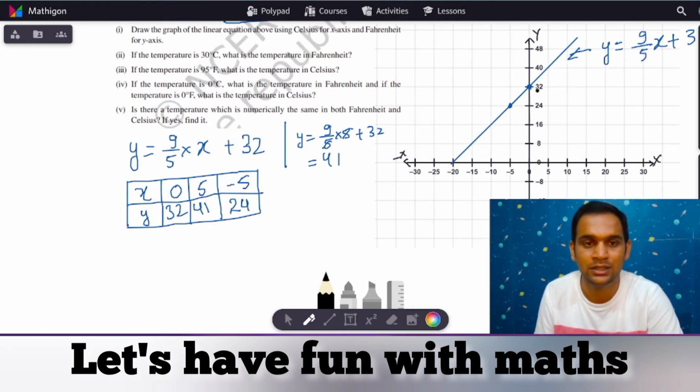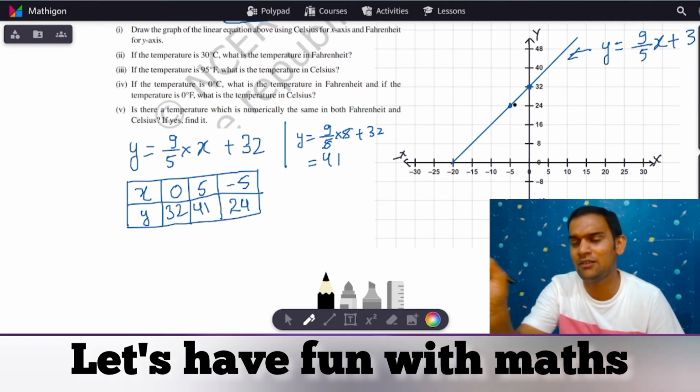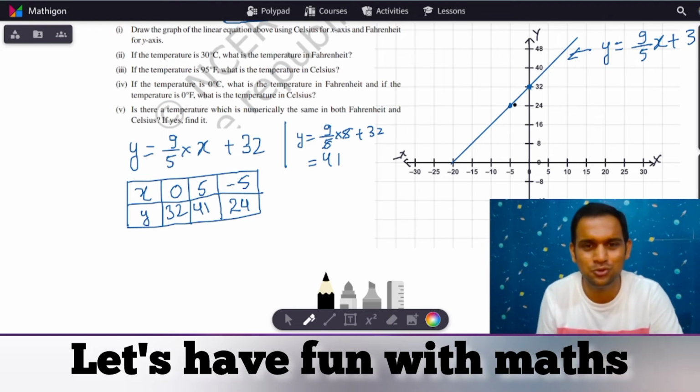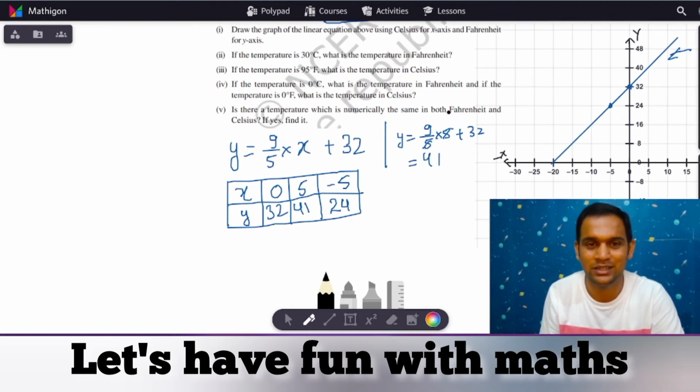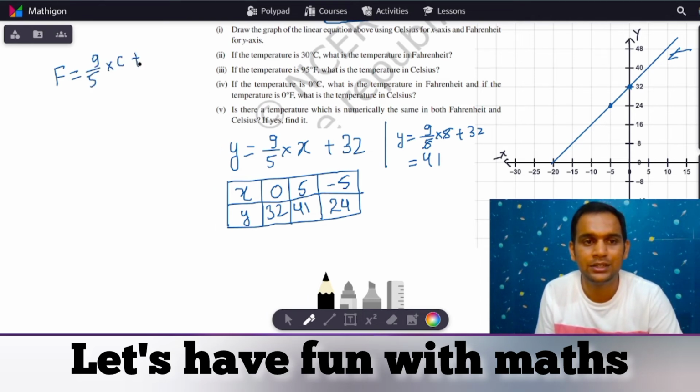Let's try to answer all the other questions. If the temperature is 30 degrees Celsius, what is the temperature in Fahrenheit? You can do that with the graph, but since graphing will be a little difficult, because we would have to make the graph more and more accurate, we will use the linear equation concept over here. So we will get back to the original equation. F equals 9 by 5 times C plus 32.